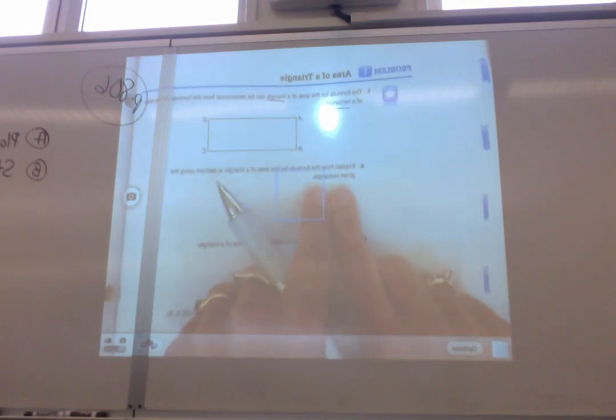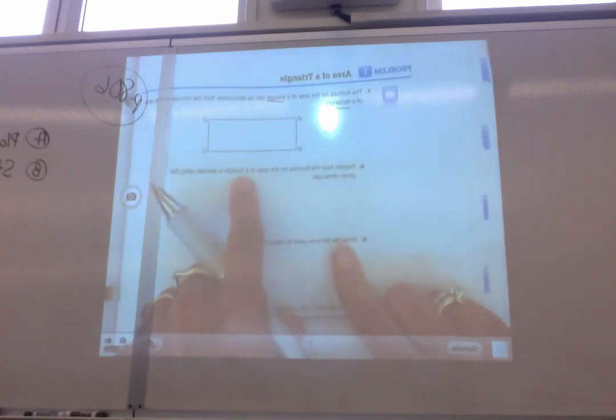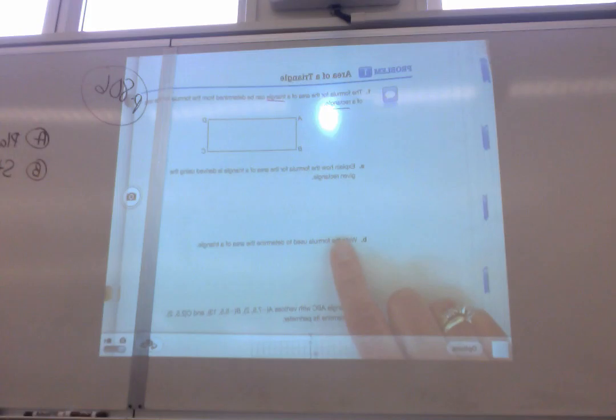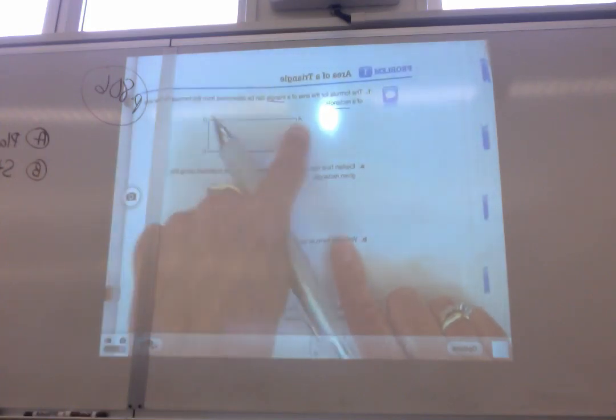Okay, explain. How can the area of a triangle be derived from the area of a rectangle? What's the formula for area of a rectangle?